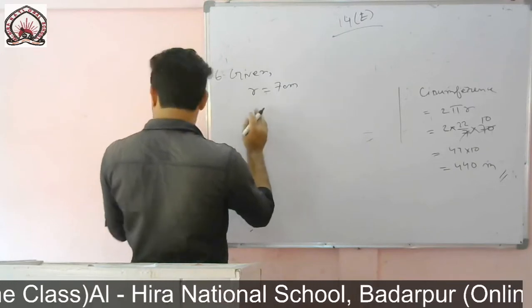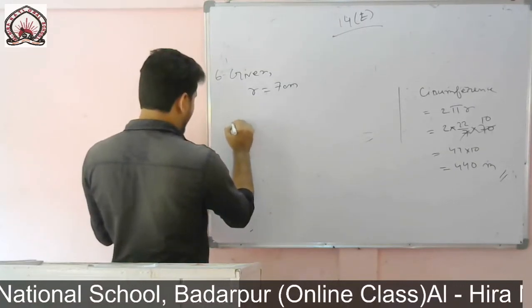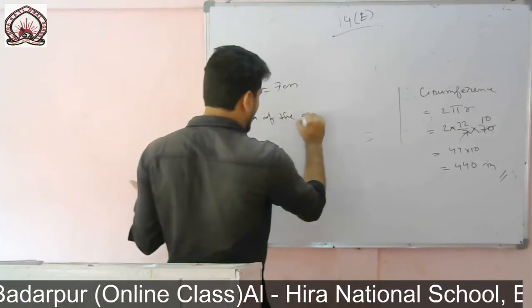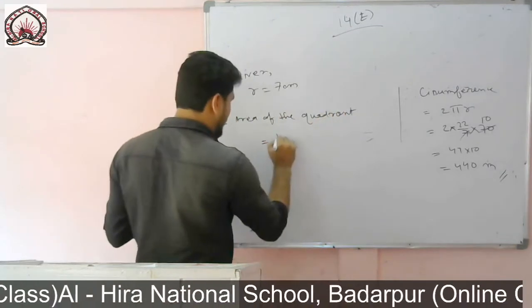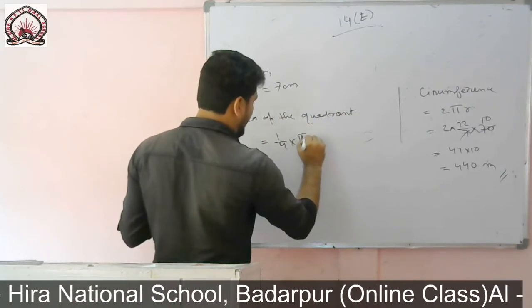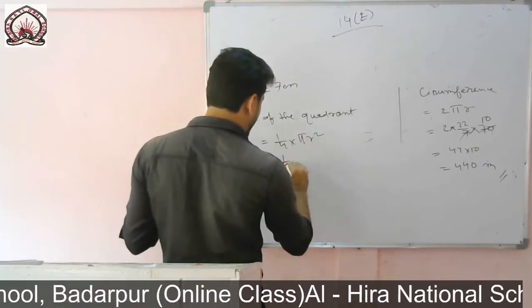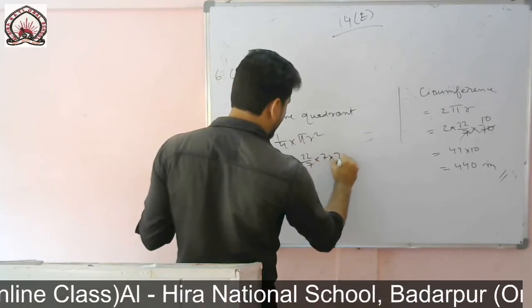Therefore, the area of the quadrant will be 1/4 into pi r square. So 1/4 into 22/7 into 7 into 7.